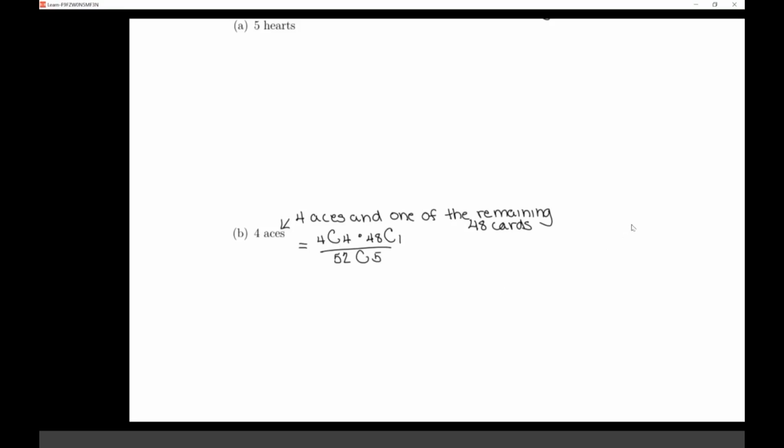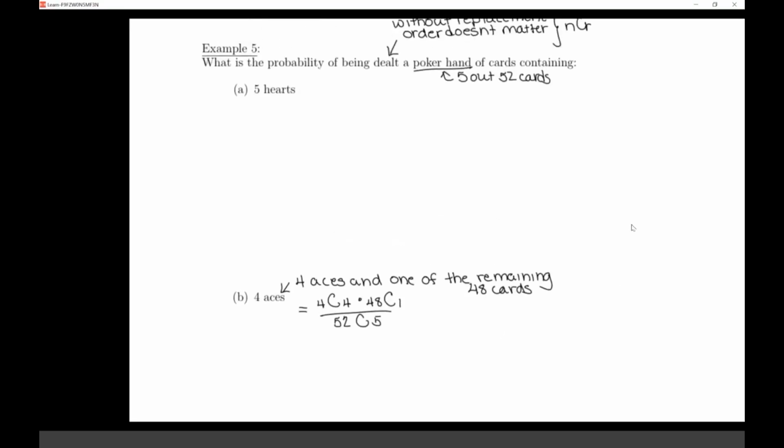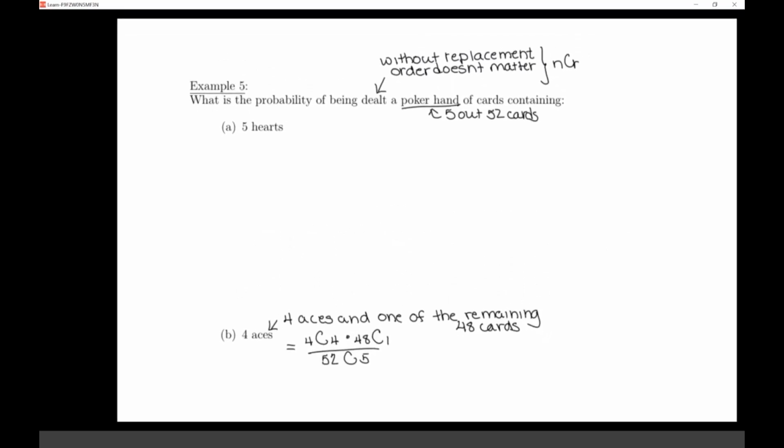The other 2 examples, part A and part C, involve suits. When you have to do this with a suit, you need to pick the suit first, then the cards. Let's take a look at how I would do this.